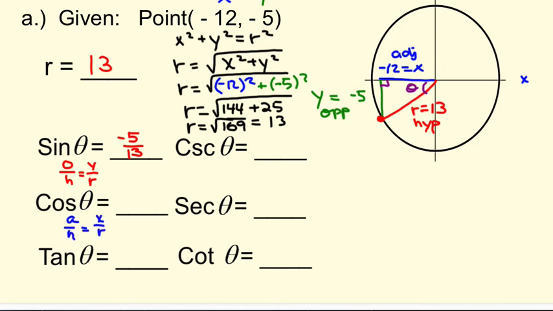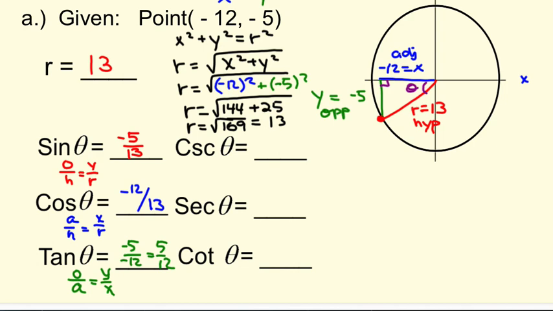And we look at the values. X is negative 12, and r is 13. Tangent is TOA, opposite over adjacent, or y over x. Y value is negative 5, x value is negative 12, becomes a positive 5/12.